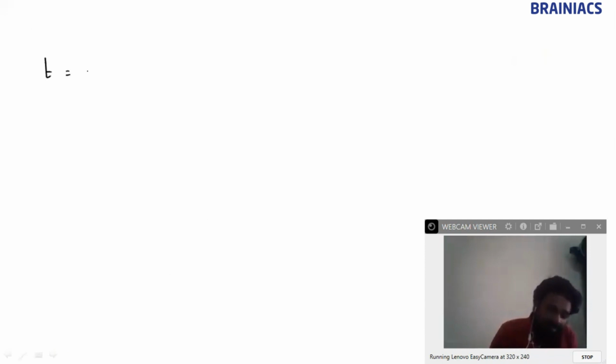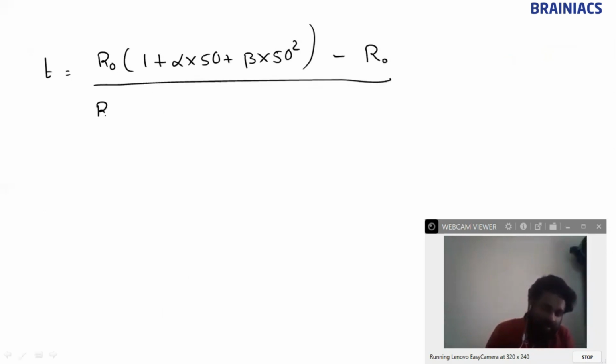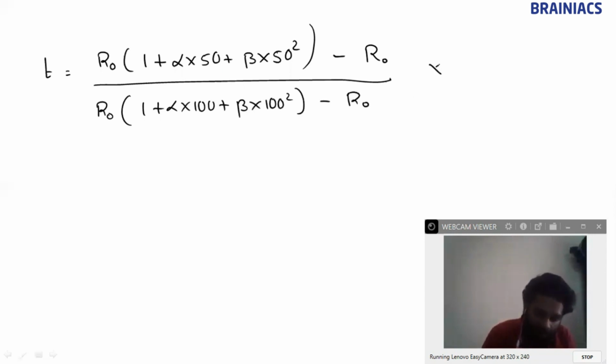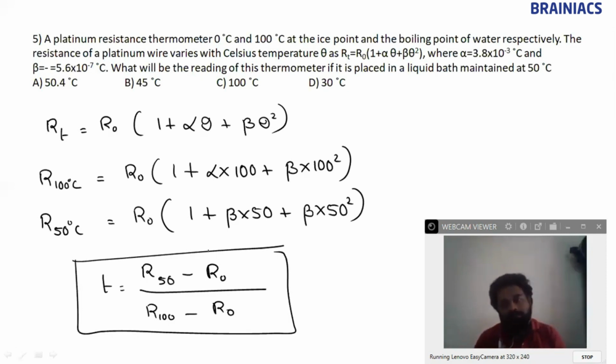So temperature T is equal to R naught into 1 plus alpha into 50 plus beta into 50 square. So this is the resistance at 50 degrees Celsius minus the resistance at 0 degrees Celsius, divided by resistance at 100, so 1 plus alpha into 100 plus beta into 100 square, minus again R naught, into 100. Clear or what? This formula we have written now.